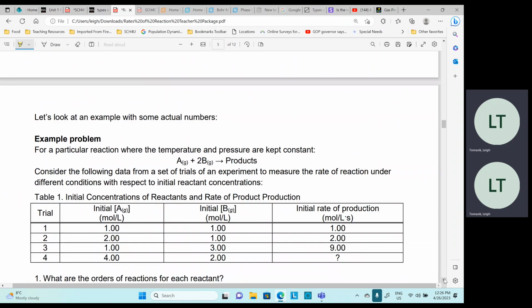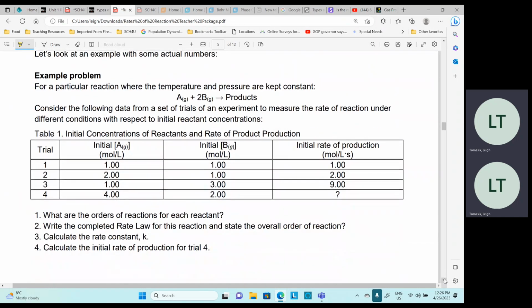Let's look at an example of how to come up with the rate law and these exponents. It says, consider the following data from trials of an experiment to measure the rate of reaction under different conditions with respect to the initial concentration. This is A plus 2B equals products, our chemical formula.